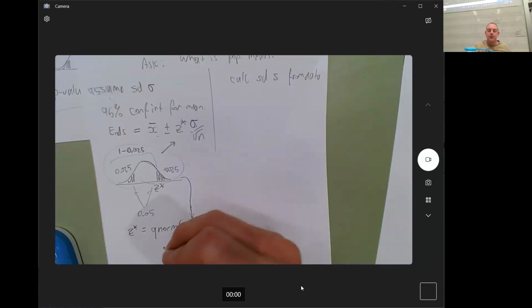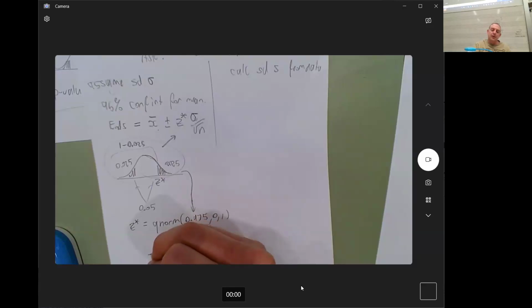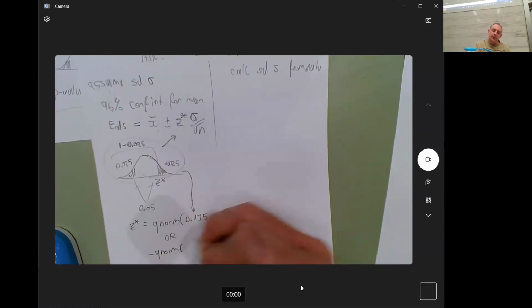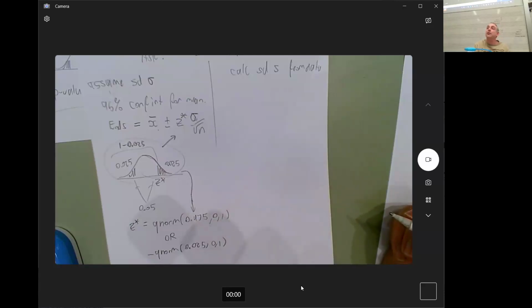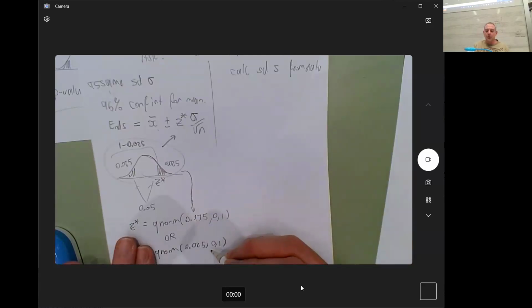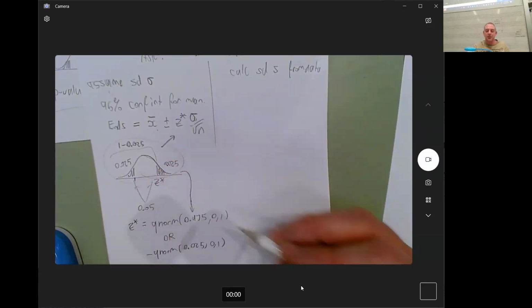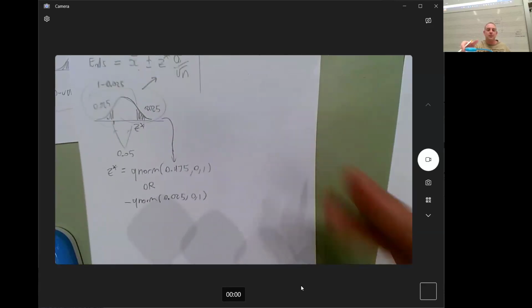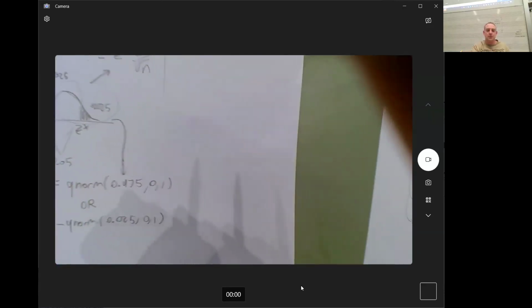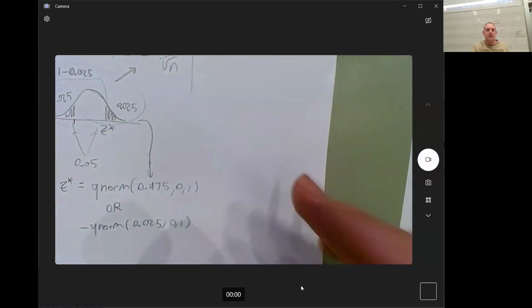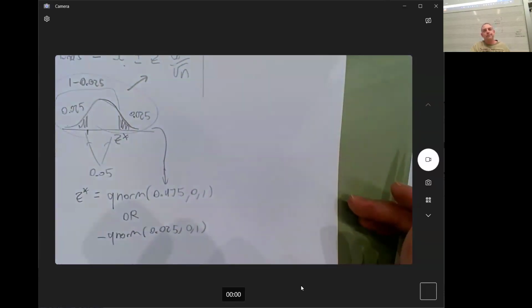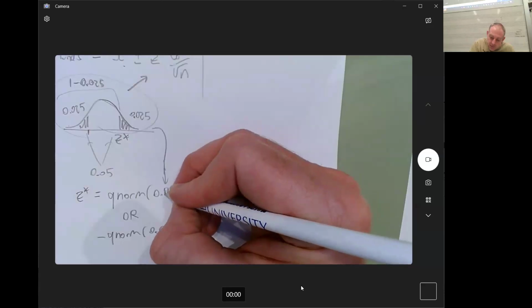You could also do minus Q norm of 0.025 like that if you wanted. That would give you the same answer. Because the Q norm 0.025 will give you that number, but it's a negative number. So if you add an extra minus, it'll turn it into a positive number. Oh, this is a 9.